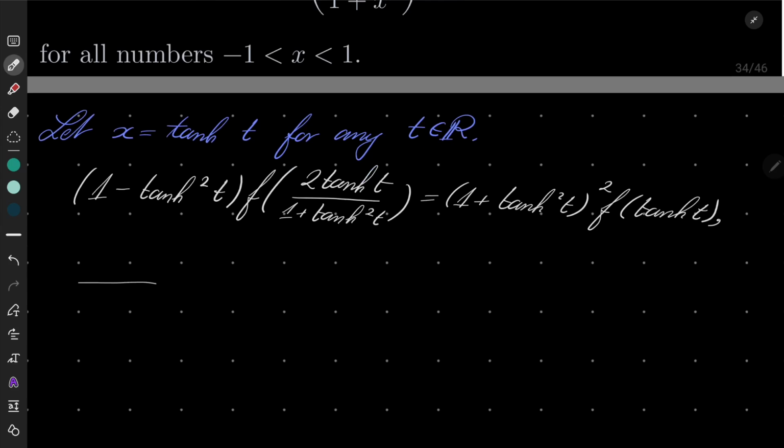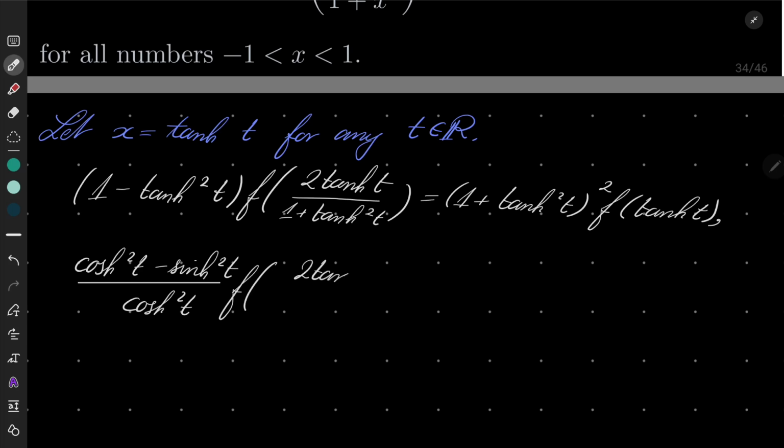First of all, my first parenthesis can be written using the fact that hyperbolic tangent is just hyperbolic sine over hyperbolic cosine. So we can write it in the following manner. One is hyperbolic cosine squared over hyperbolic cosine squared. Here we have hyperbolic sine squared. Here, let's leave it as it is for now.